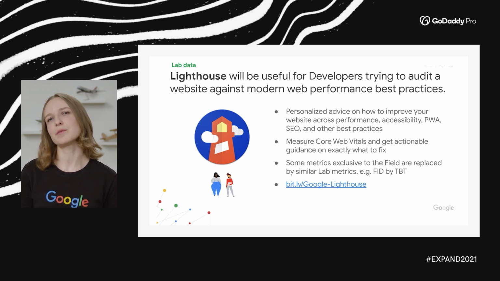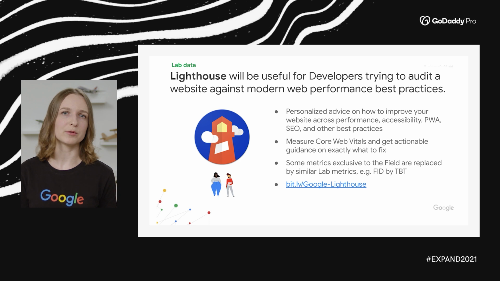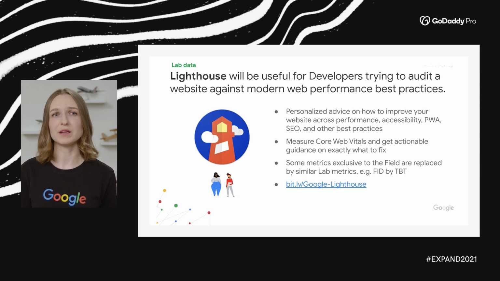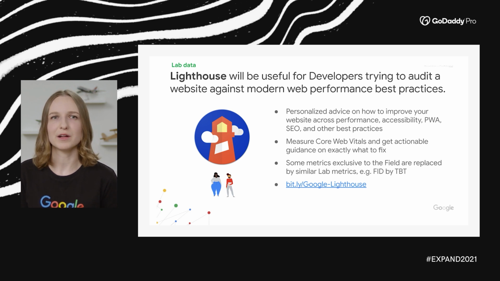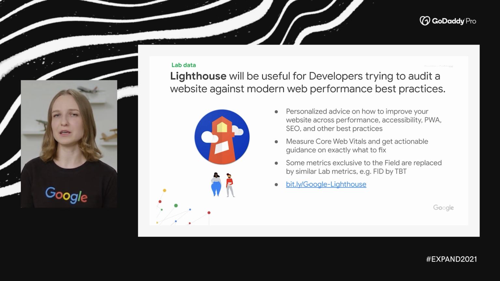I think Lighthouse is a brand that a lot of you may be familiar with and maybe even have tried out. This is a lab data tool, and you can use it to audit performance as well as accessibility, progressive web apps, SEO, and more. Lexi, our website developer, and Steve, our website designer, find Lighthouse really helpful to diagnose and optimize locally in their development environment before testing any of the new features live on real users.